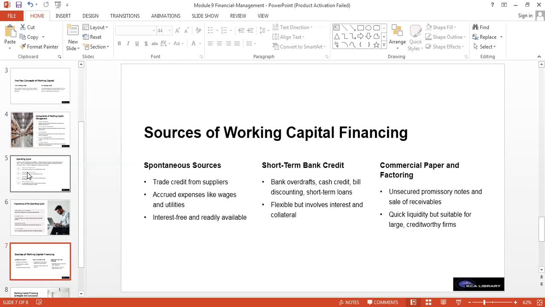And commercial paper and factoring involve unsecured promissory notes and sales of receivables, giving quick liquidity, but suitable for large, creditworthy firms. So firms with large size and creditworthiness fall into this category of working capital financing source.